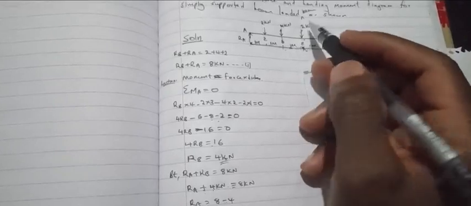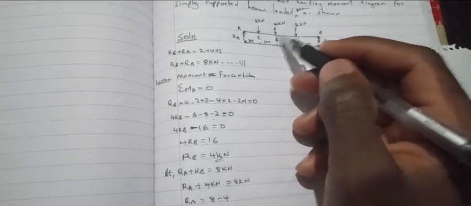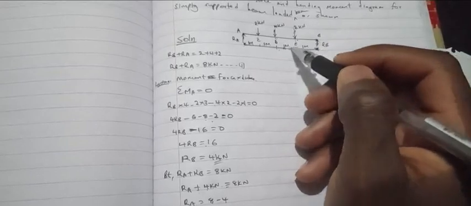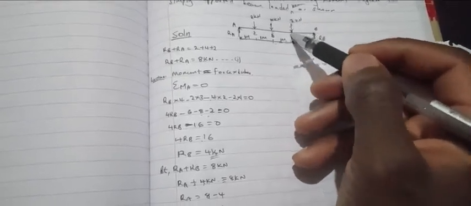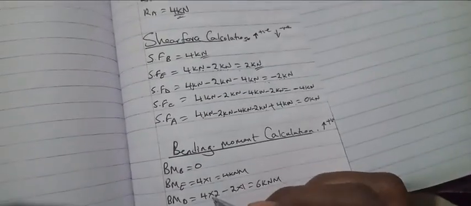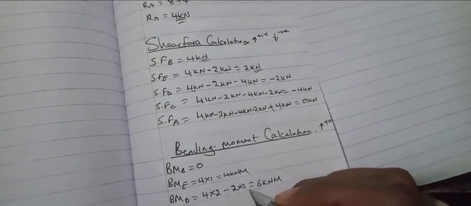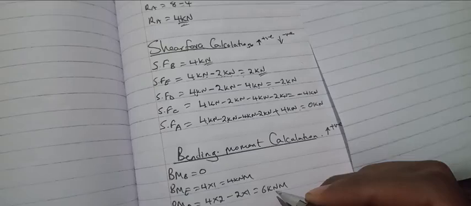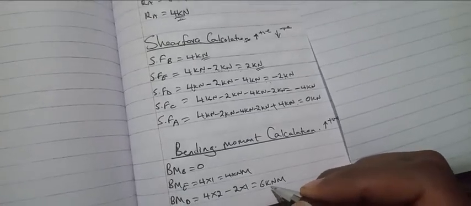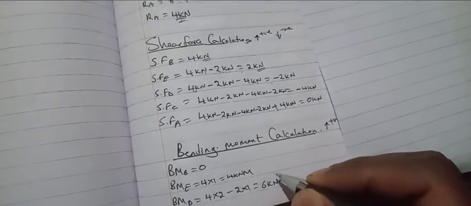Then minus, remember, we also have a downward force here, and its distance is 1. So it is 4 times 2 minus, because it is the downward force, 2 times 1. Then the answer: our bending moment at point D will be 6 kilonewton meter.